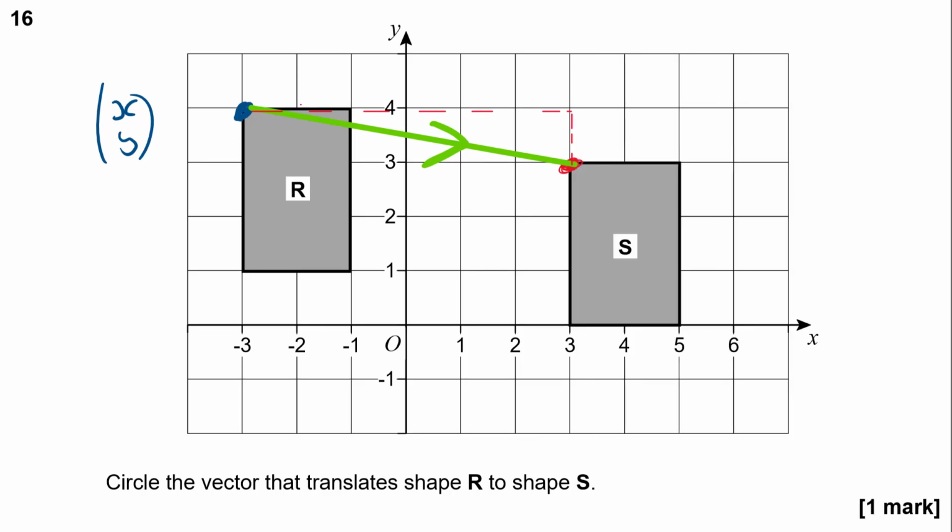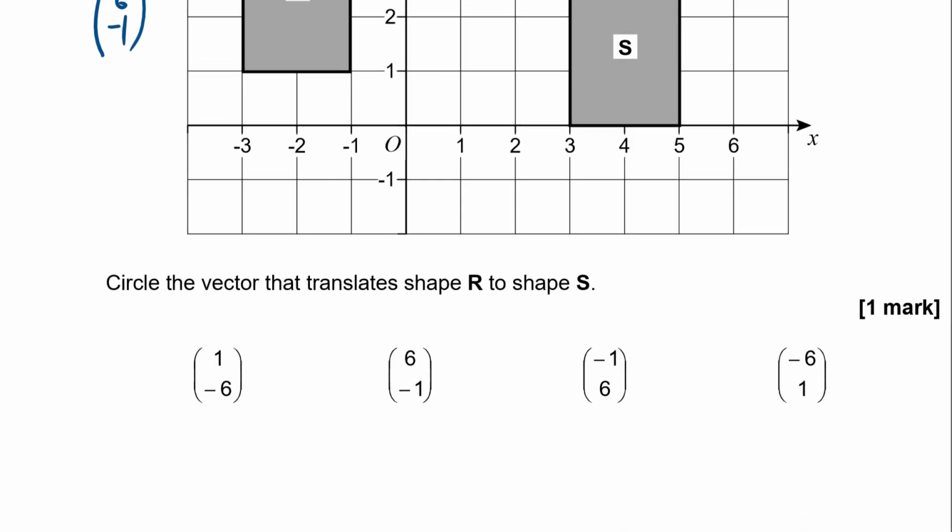In other words, it's 1, 2, 3, 4, 5, 6 along and 1 down. Now as a vector then, that's going to be 6 in the direction of x and 1 down. Well, y is normally up, so down is going to be a negative value. It's going to be 6 over minus 1. So it's this one here, 6 over minus 1.